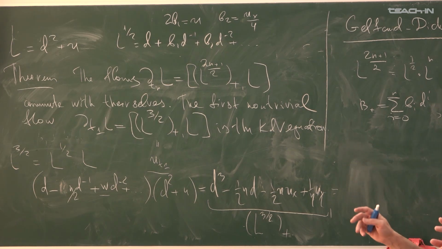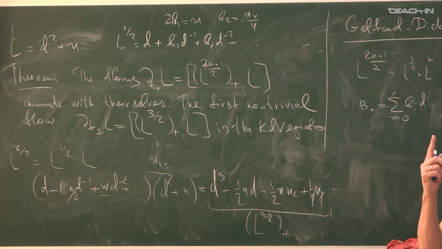In general, if you commute two operators of order 3 and 2, no, 4, because the principal term disappears.